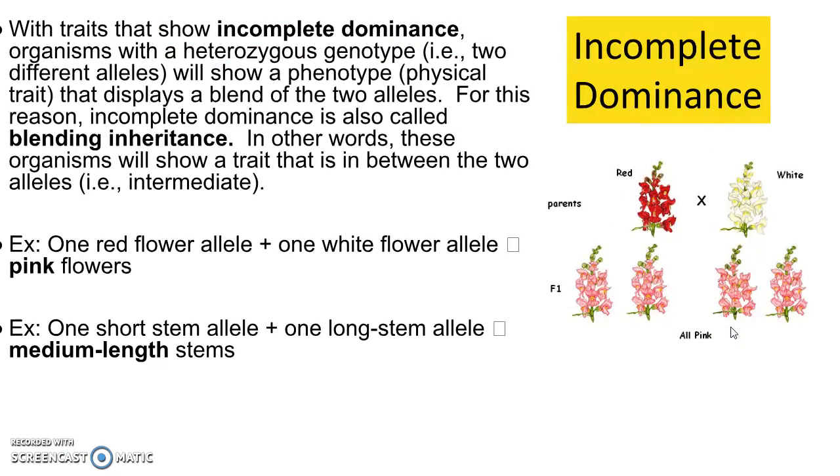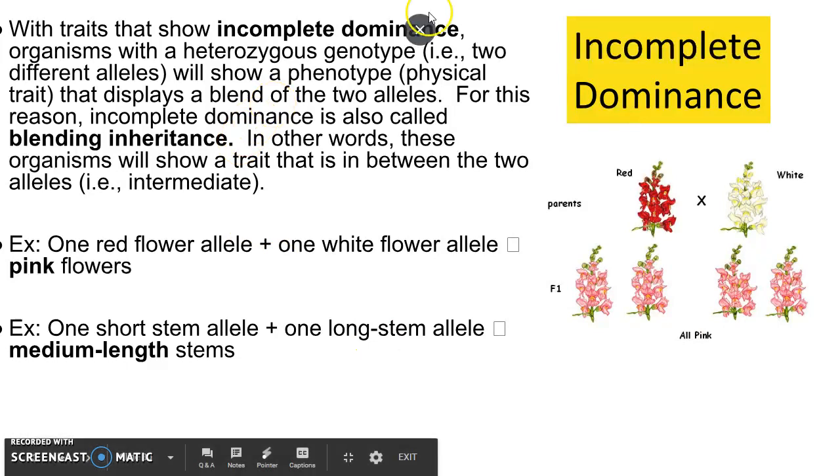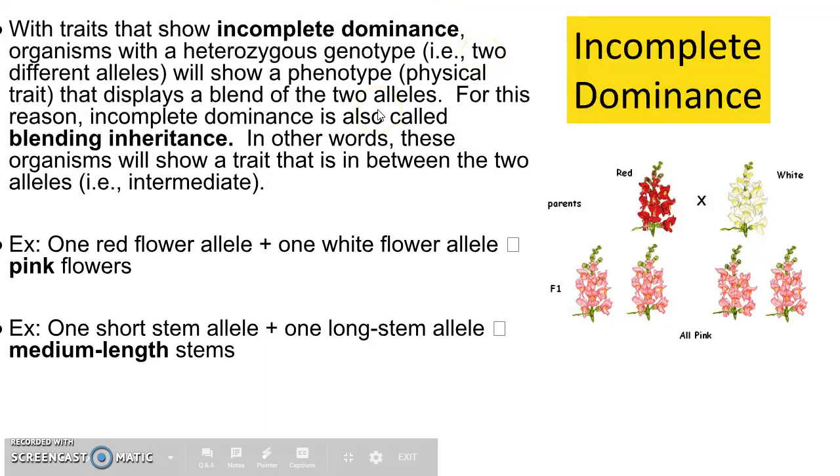The first is called incomplete dominance. Incomplete dominance is when the organism that has two different alleles, so a heterozygote, is going to show a phenotype or physical trait that's a blend of the two alleles, somewhere in between the two alleles. Because of that, we often call this form of inheritance blending inheritance.